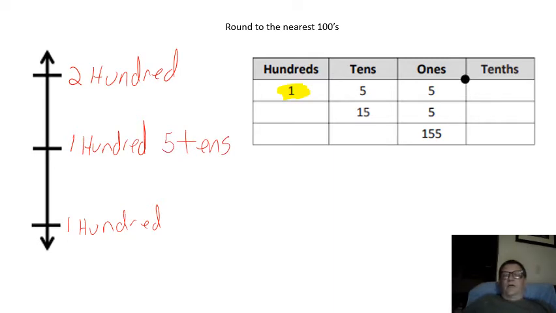Now, I'm coming down, I'm looking at our number. I have 100s, 5 tens, so that's going to be right here. Okay, and since it's on the midpoint or above, we would round to 200.